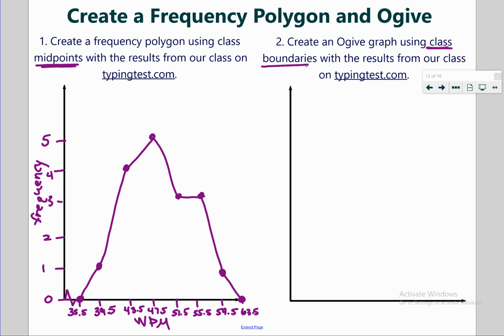So I'm actually going to start on my vertical axis here. I'm going to write cumulative frequency. Cumulative freq will work fine. And then the largest value we had, our n value from our data set, was 17. So we're going to need to go all the way up to 17 for this one.